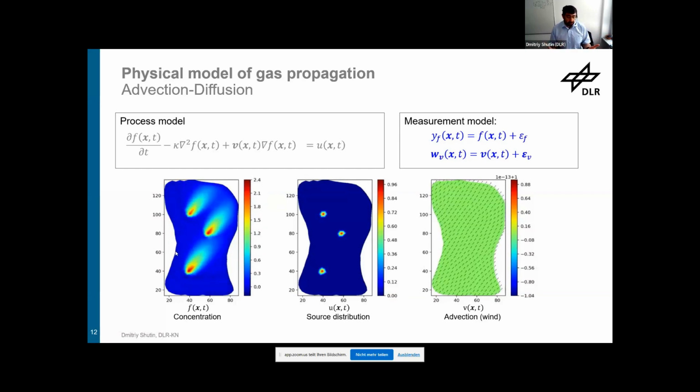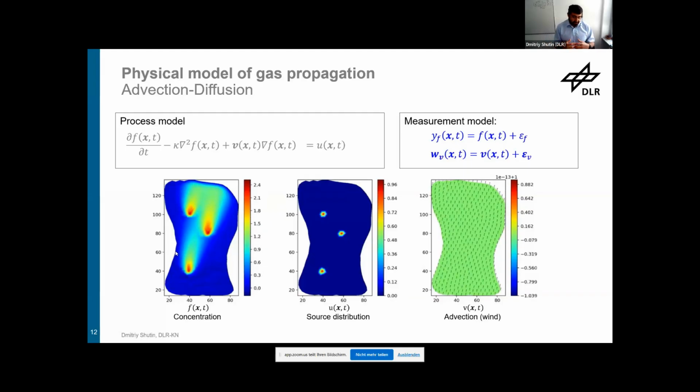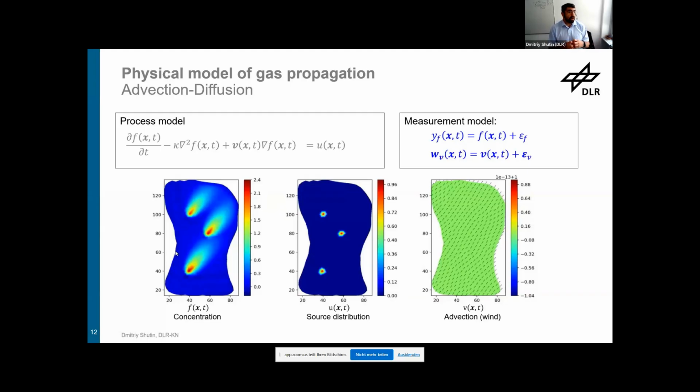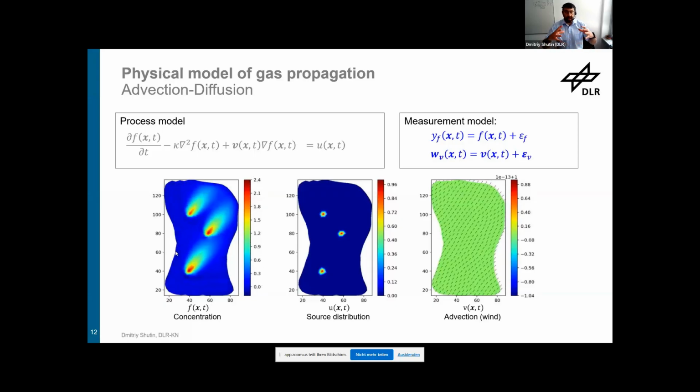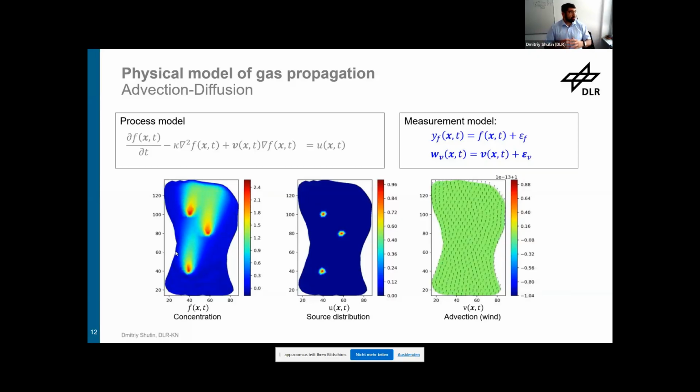It can be a hot gas, for example. The hot gas of course expands, and due to temperature differences that creates a Brownian motion, which is responsible for diffusion of this material into the atmosphere. If we just had diffusion, we would see a sphere of gas propagating from a source, right? That is how the gas would propagate from a source in the absence of wind.